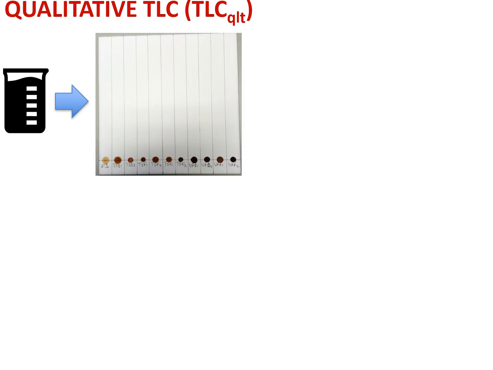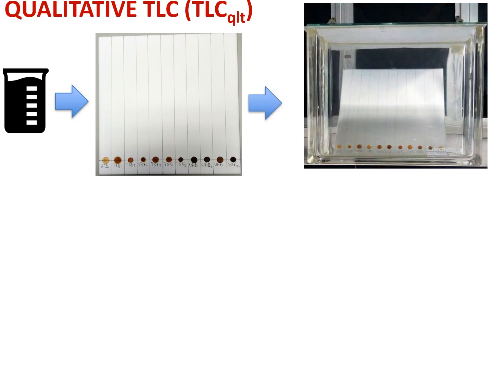Now, thin layer chromatographic technique can be used for both qualitative or quantitative purposes. If it is used for qualitative purposes, it is called qualitative thin layer chromatography. This technique is used to detect the presence of a specific analyte in a sample. And to do this, a commercial standard of the target analyte is spotted and partitioned alongside the test sample.